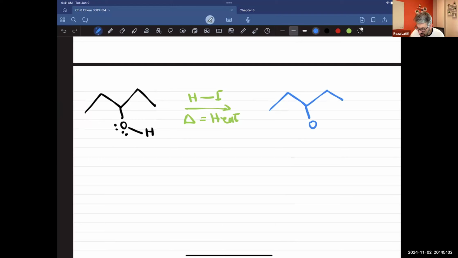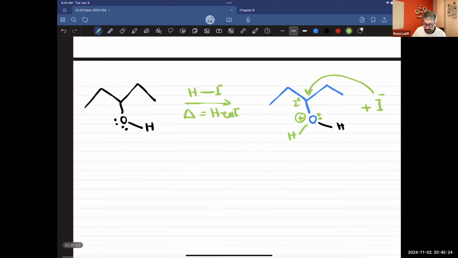We'll have oxygen, and oxygen was attached to 1 hydrogen. We are going to add another hydrogen to it. So now it has only 1 lone pair, and it has a positive charge, plus I minus. Okay, now what will happen to the I minus? I have only 1 carbon, and that carbon is a secondary carbon. So this time we have only 1 option to attack.